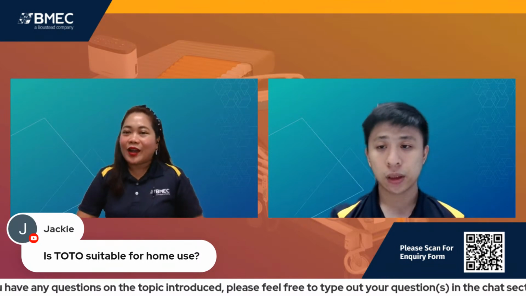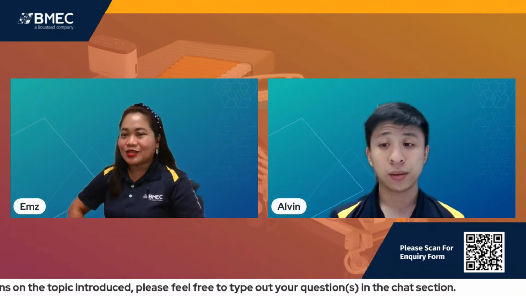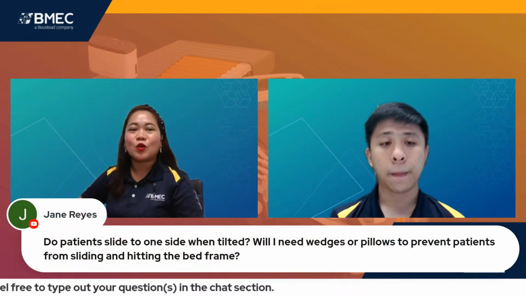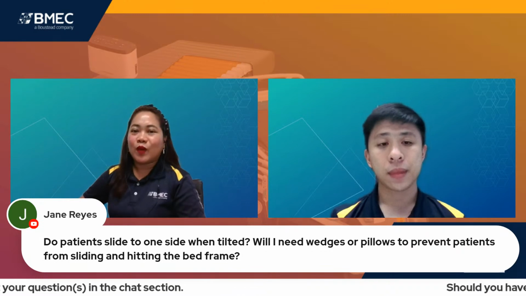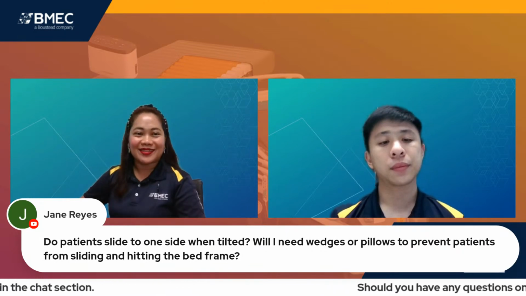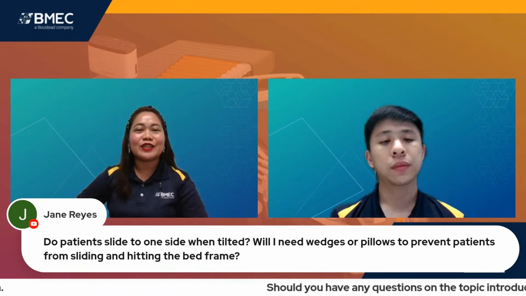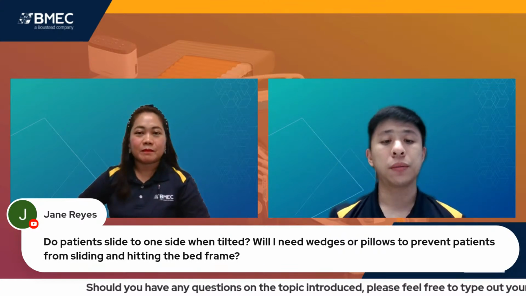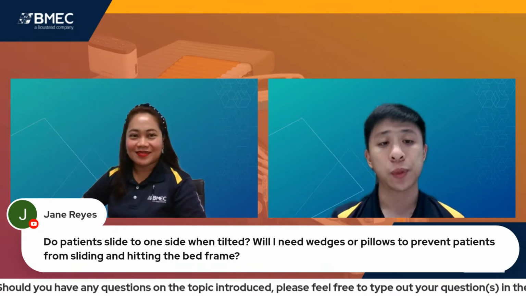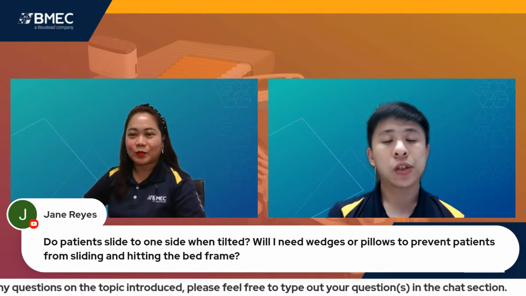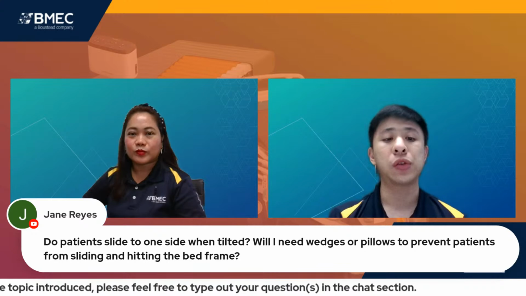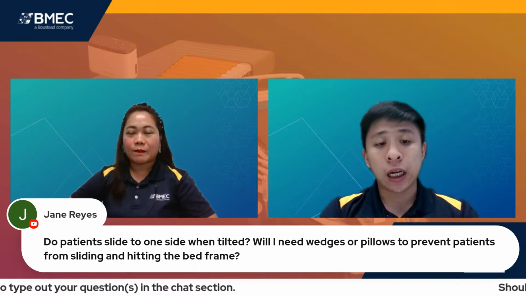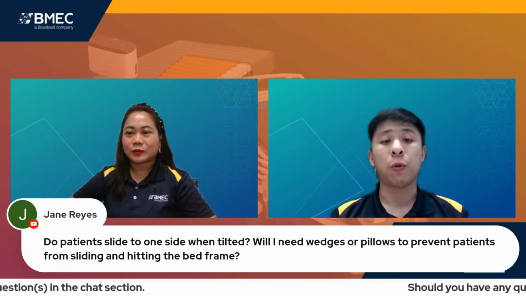Another from Jane Reyes: do patients slide to one side when tilted? Will I need wedges or pillows to prevent patients from sliding and hitting the bed frame? Good question. This has been used in some hospitals and nursing homes as well. The feedback from using the Toto turner is that patients do not slide down when it's tilted.